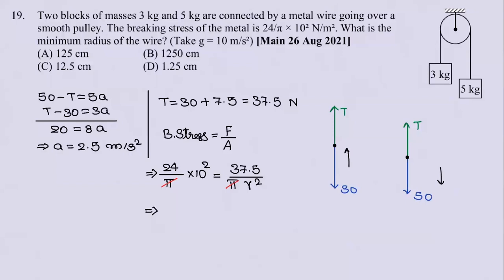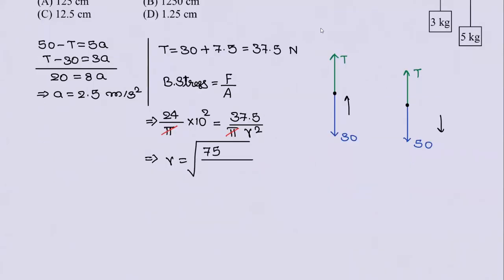So good. R is equal to 75 by 2. 37.5, I take it as 75 by 2. And it will be into, oh no, keep it as it is. Denominator 24 into 10. Good. Now cancel. 3 times, this is 8 times, this is 25 times. 325, is that right?